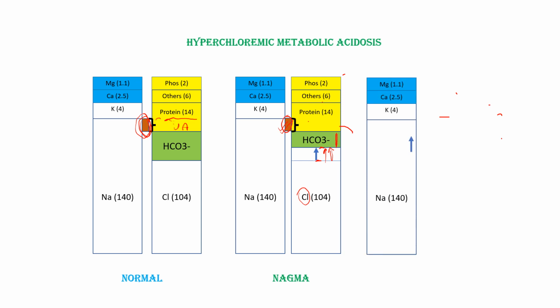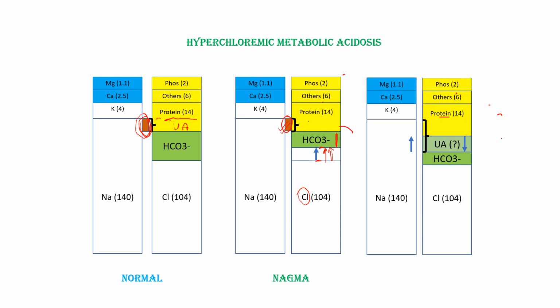Now in some cases the bicarbonate values do decrease, and because of this the pH decreases. But what happens ultimately is that this gap, that is the anion gap, the difference between the cations and the anions, increases by this much. Why?